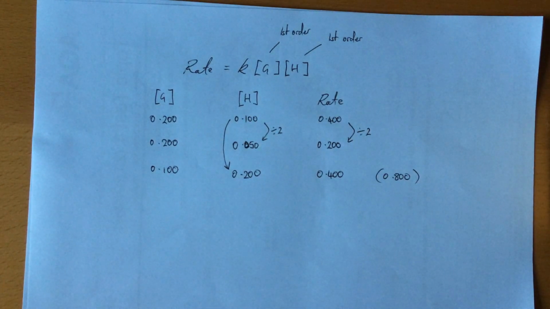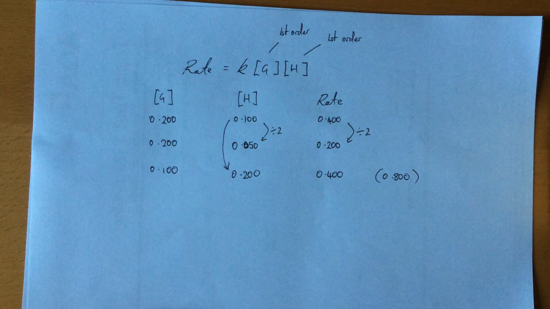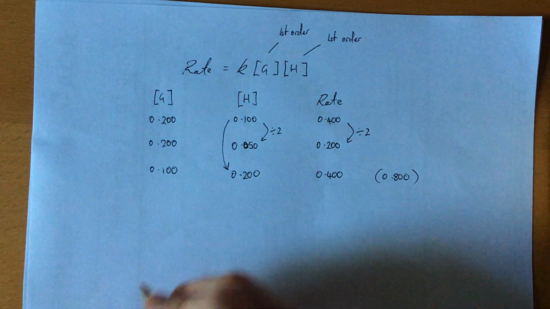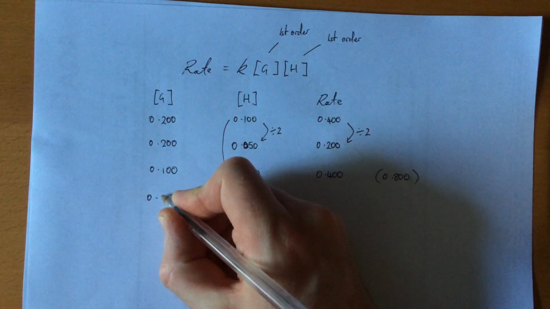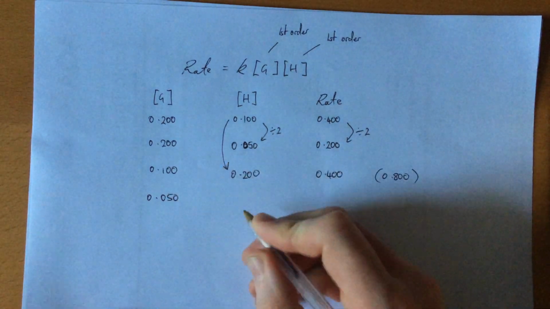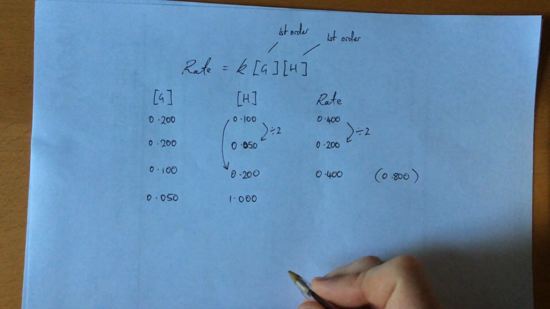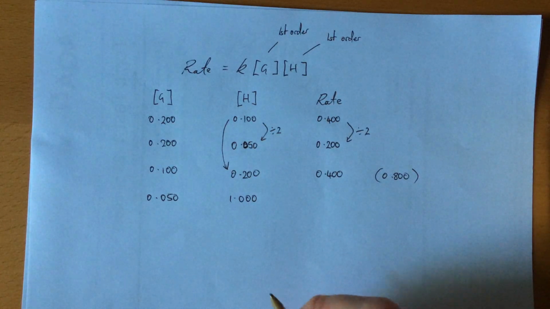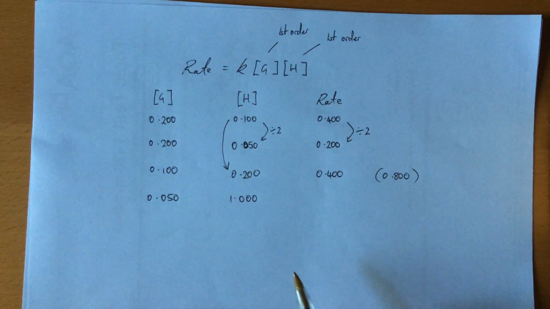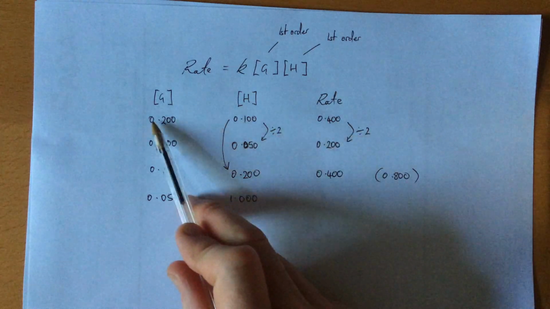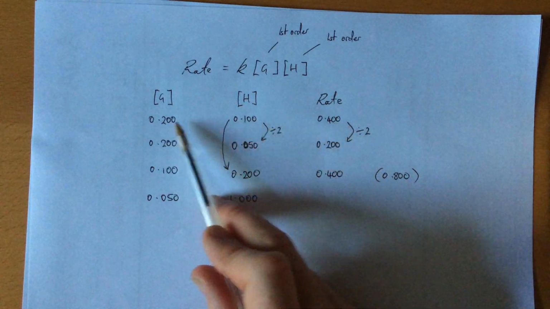Let's try the next one here. So we're told that the concentration of G is 0.05, the concentration of H is 1.0, and we want to find the rate. So again, I'm still going to compare with the original set of data there.